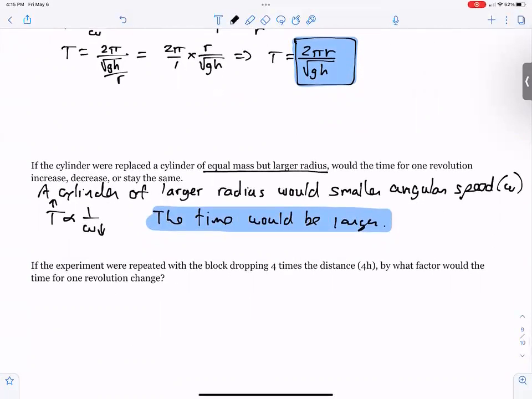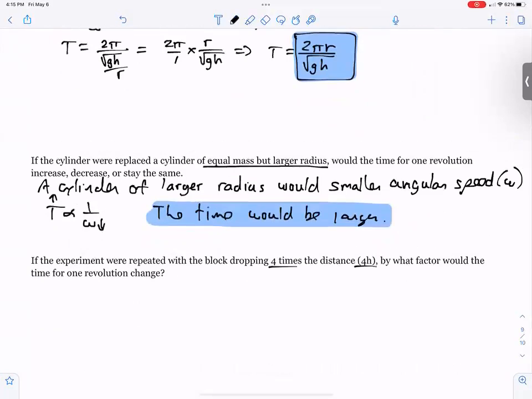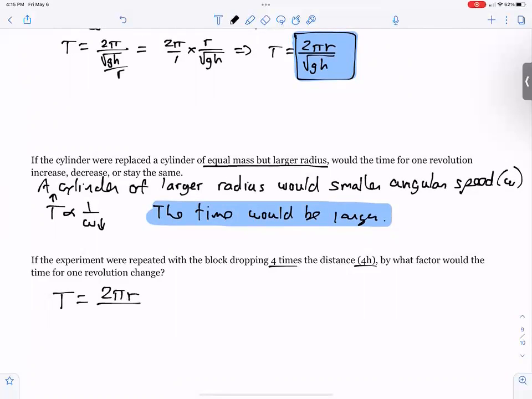If the experiment were repeated by dropping a block four times the distance h, by what factor would this change? Well, if you look, t is equal to 2 pi r over the square root of gh. Now, 2 and pi are constant, so don't even worry about that.